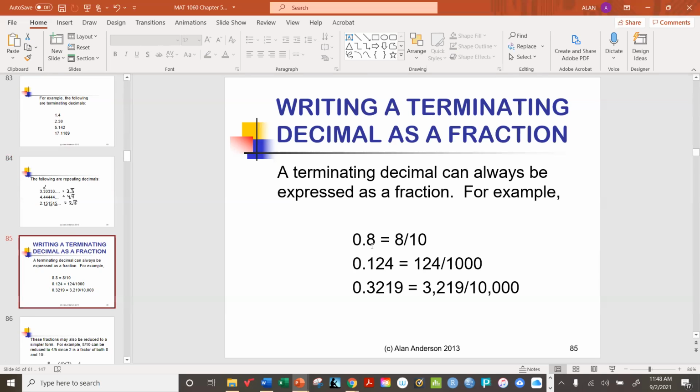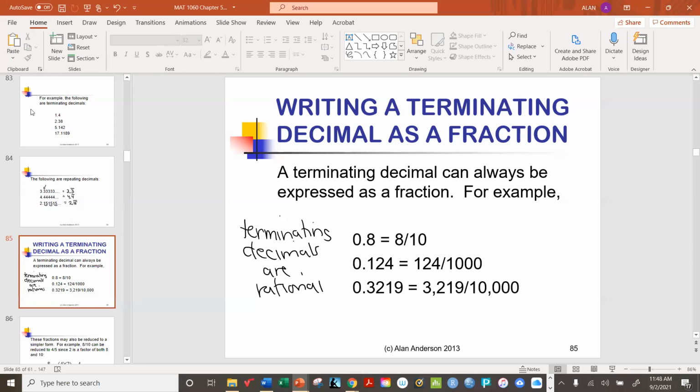For example, 0.8 is nothing but 8 over 10. 0.124 is 124 over 1,000. 0.3219 is 3219 over 10,000. Now that tells me that all of these terminating decimals are rational.